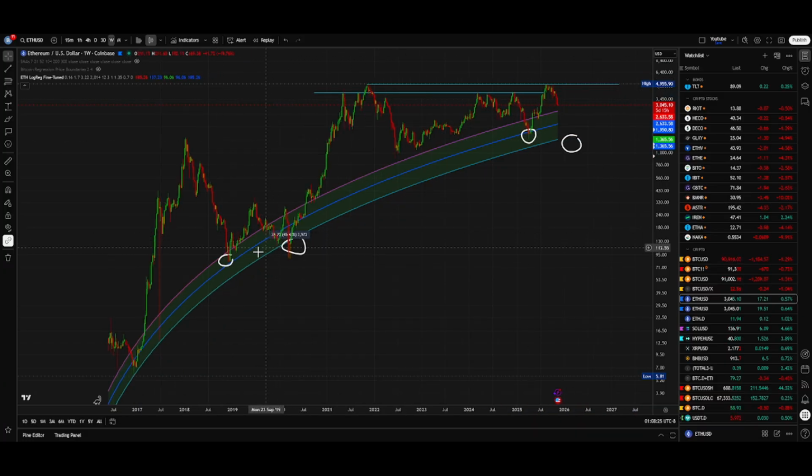But it looks so much like 2019, where you kind of just bounced here, you went up, right? From this low here, you went up 340%. From here, 250%. Do you just get this same scenario here?